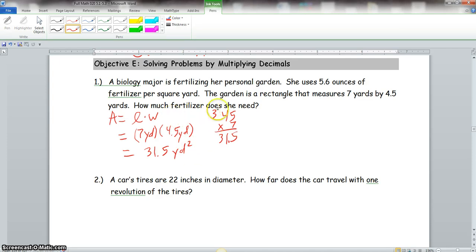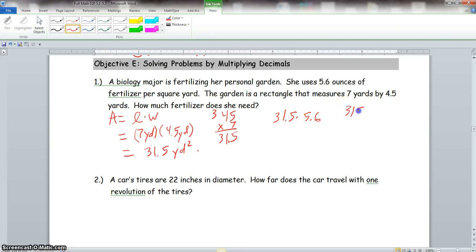Now we wanted to know how much fertilizer she needs. She uses 5.6 ounces of fertilizer per square yard. So we need to multiply this answer, 31.5, by 5.6. Now we're going to drop the decimals.